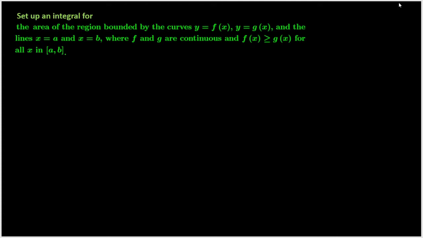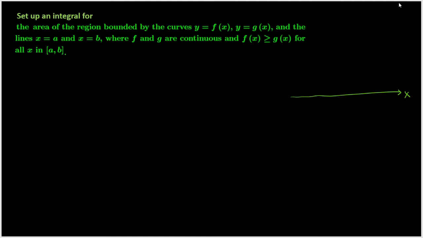The plane region is something like this. I'm going to draw a sketch. You have a horizontal axis. I'm not going to draw the vertical axis. I'm going to use x to denote the horizontal axis. There are two curves. The first curve is the top curve.